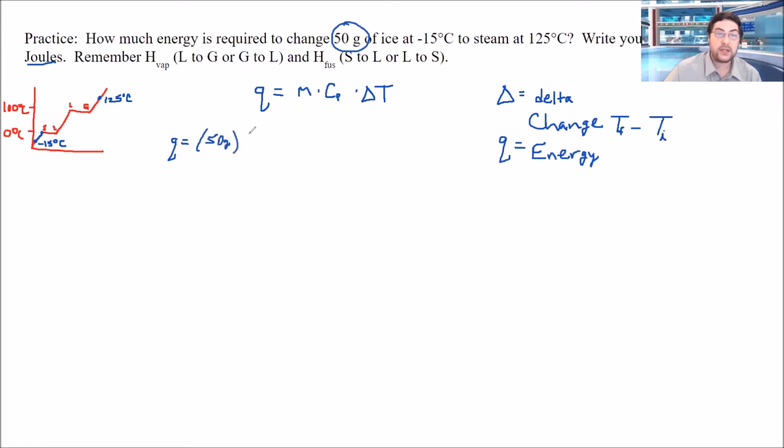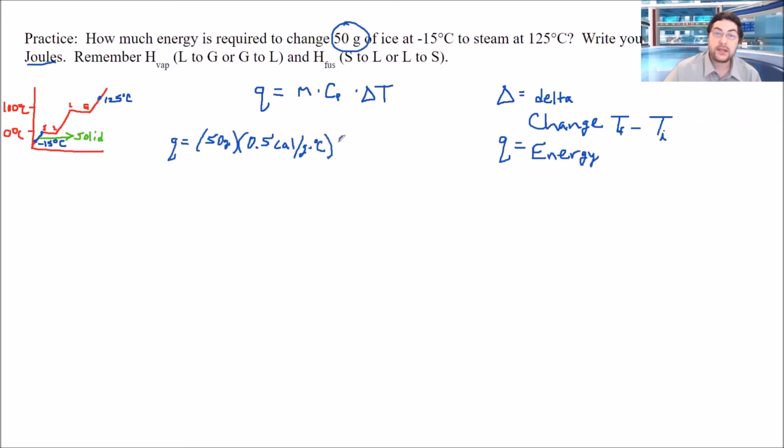And then we need the specific heat. Now, at this point, this location down here, is when the water is a solid, when it's ice, okay? So remember that the specific heat of water when it is a solid, or when it's ice, was 0.5 calories per gram degree Celsius, all right? So 0.5 calories per gram times degrees Celsius.